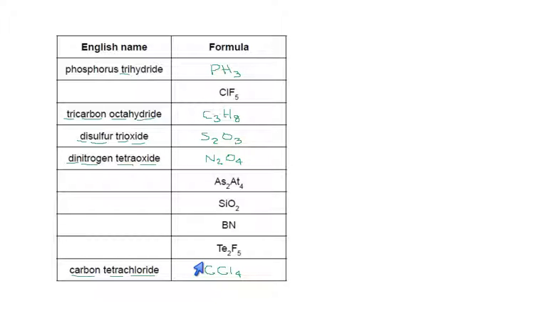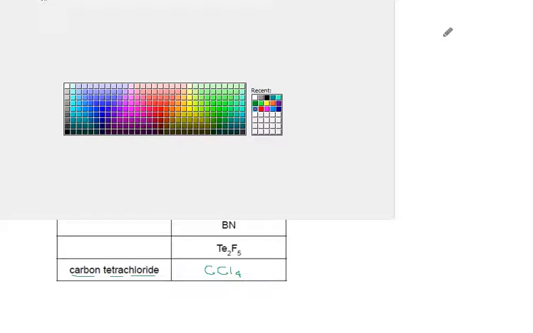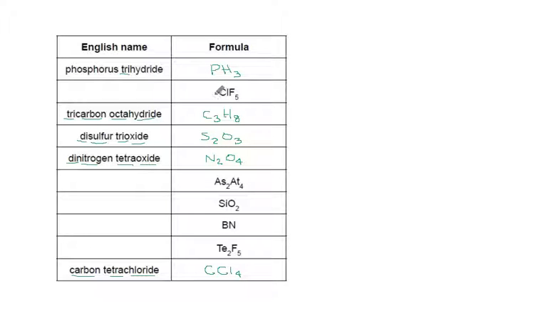Now we get to go the other way. So ClF5, this means a single chlorine atom and then 5 fluorine atoms. So for a single chlorine, you simply say chlorine. You could say monochlorine if you wanted.